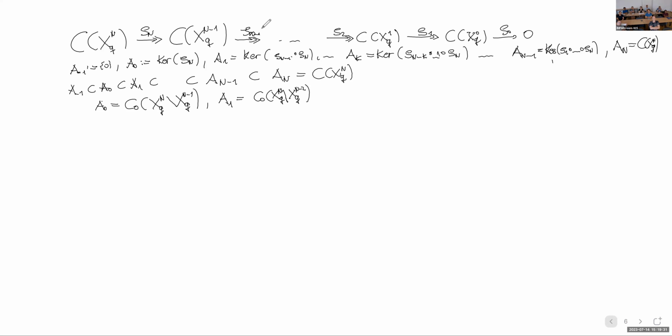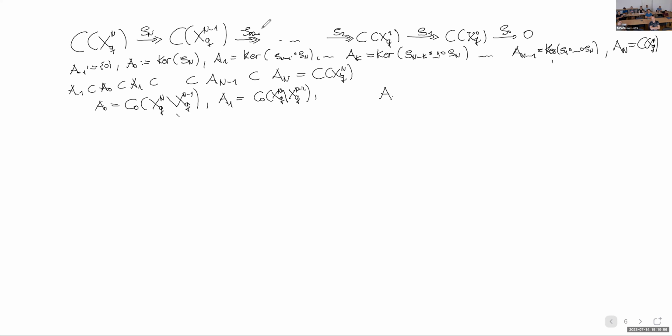In a philosophical sense it works because the functions should be 0. It's a kernel. It goes to X, Q, n minus 1, and on X, Q, minus 1 it should be 0. So we get functions which are 0. So the intuition works very, very well. We will see.